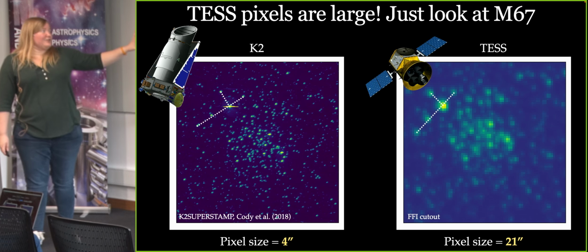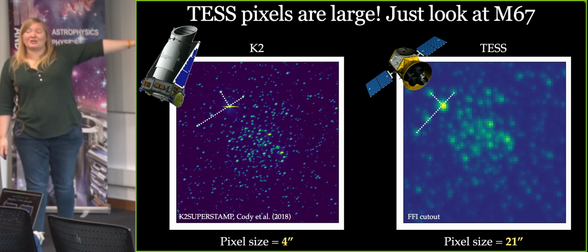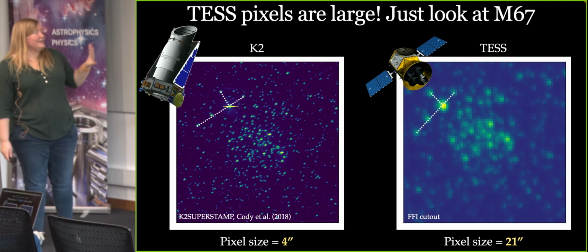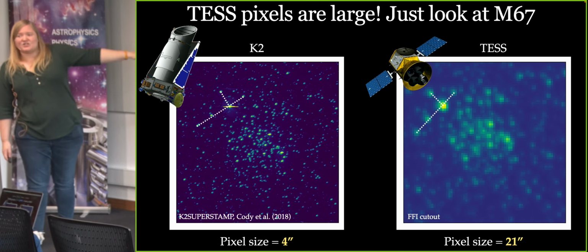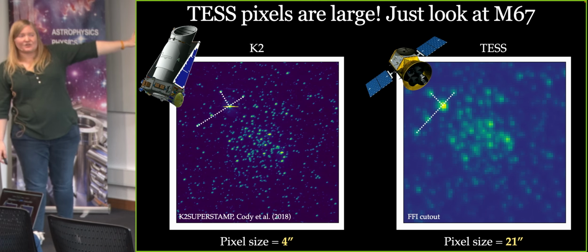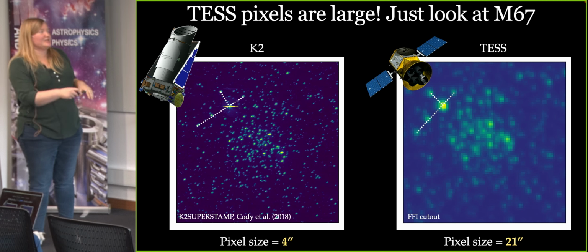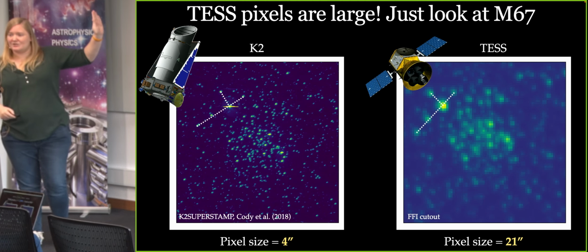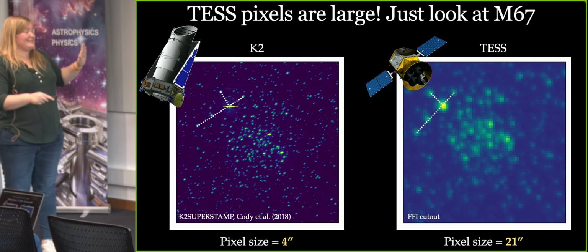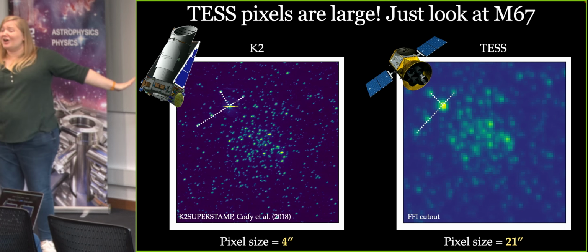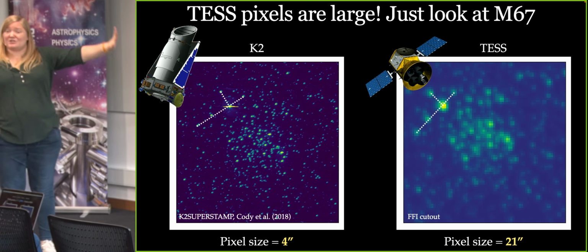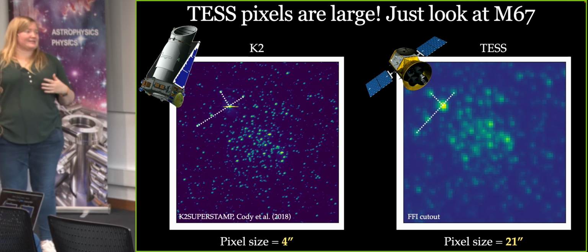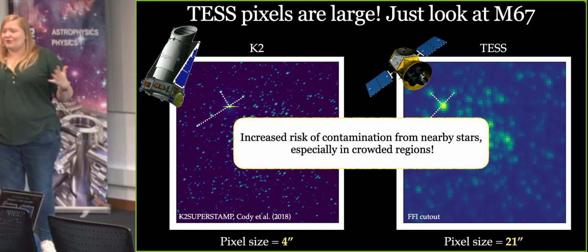Where you see on the left is an image of an open cluster, M67, where you have a K2 superstamp of this cluster, and the same image of this cluster observed by TESS, where these lines are just to guide the orientation of the image. And as you'll see here, the TESS pixel sizes are about 5 times larger than Kepler, so the resolution you get is much lower, and you have an increased risk of contamination for these stars.